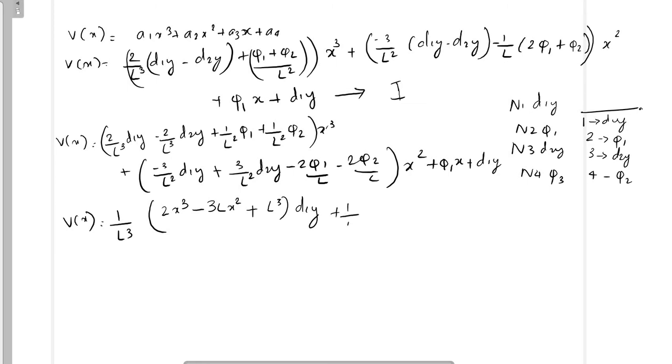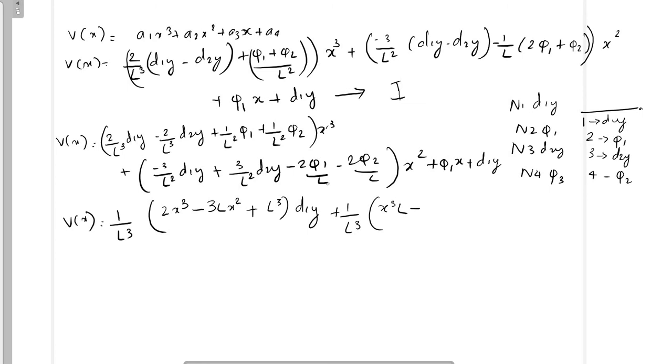Next one, 1 by L cube. We are going to assemble pi 1 because it should be in the order d1y, pi 1, d2y and pi 2. So concentrate on the pi 1 terms. So x cube by L cube, L square is there. X cube by L square is there. So x cube multiplied with L because we should convert into L cube. So x cube multiplied with L, minus the second pi 1 term here, minus 2 pi 1 L into x square.